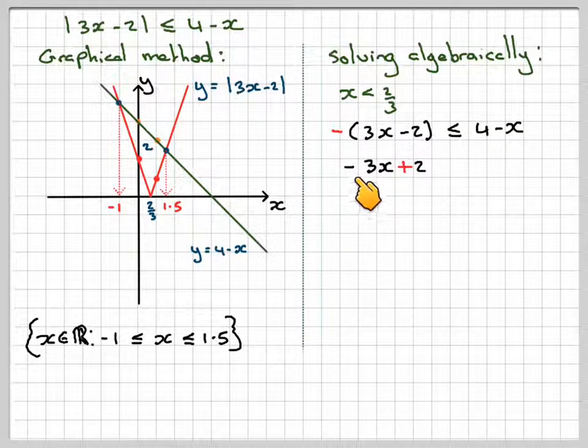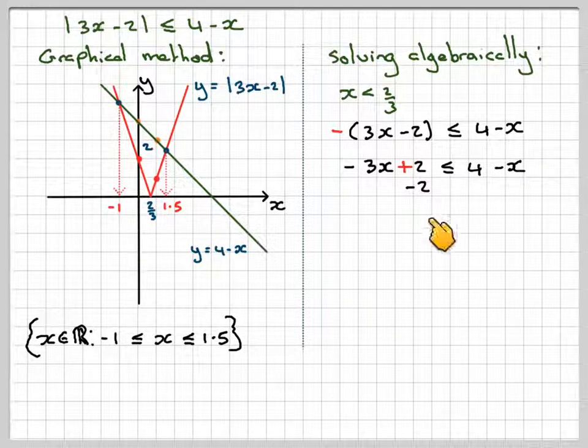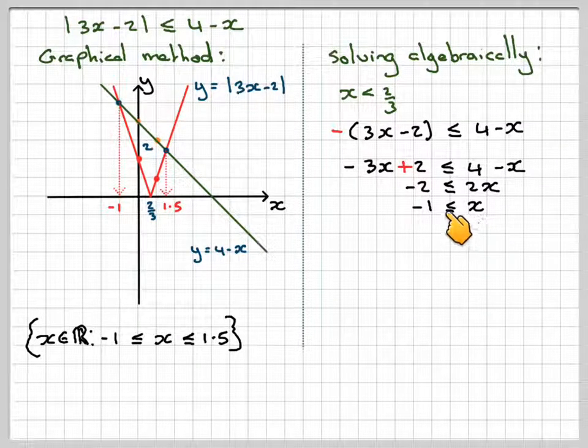So expanding the bracket, minus 3x, and minus makes plus 2 is less than or equal to 4 minus x. If you take 4 over here, you get minus 2. Take the 3x to this side, you get 2x, and then divide by 2, you're going to get x is greater or equal to minus 1, which is that particular point there.